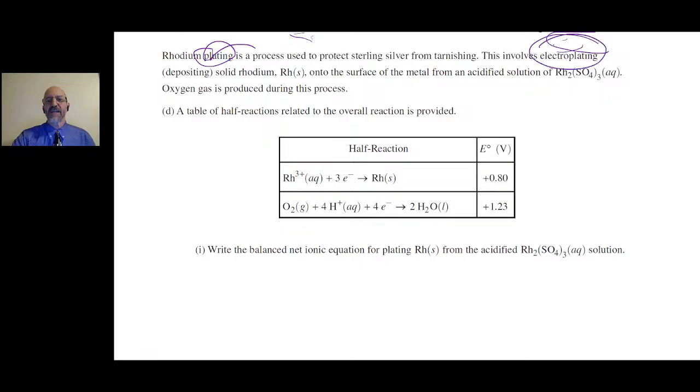So electroplating. Another clue is it says oxygen gas is produced, which means that this reaction must be reversed. Okay, so why is that reaction going to be reversed? Because you need oxygen gas to show up as a product, and right now it isn't.